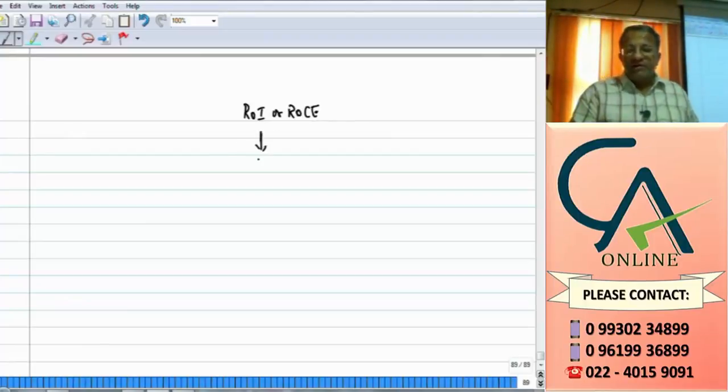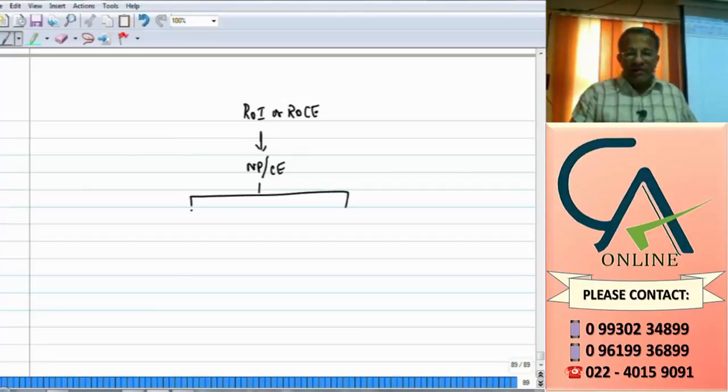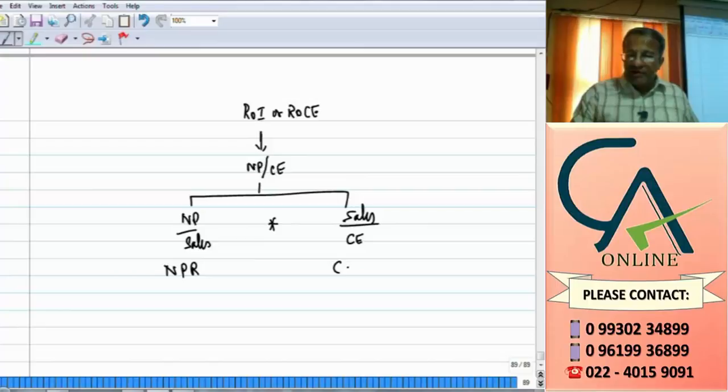The formula is net profit divided by capital employed. This will be further taken up as net profit divided by sales multiplied by sales divided by capital employed. This you call return on capital employed. This you call net profit ratio. This is to be referred to as capital turnover ratio.